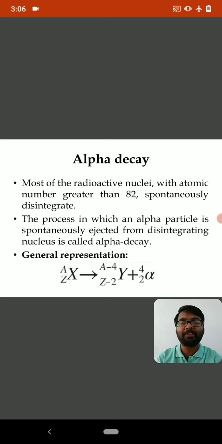So the parent nucleus is converted into daughter nucleus with the emission of one alpha particle having mass number 4 and atomic number 2.